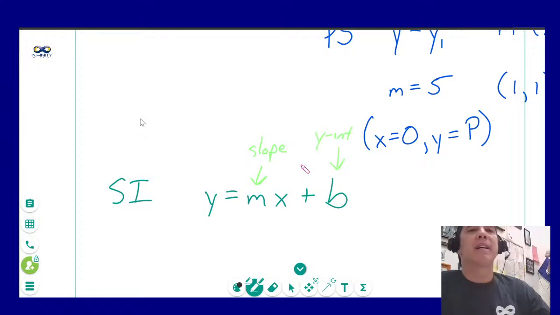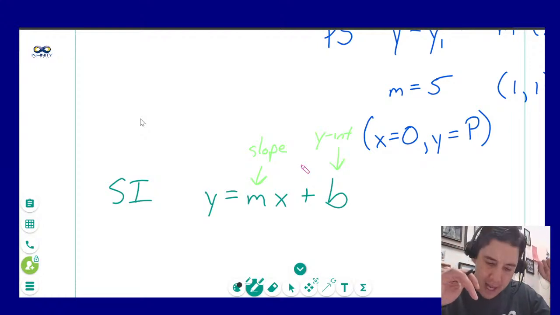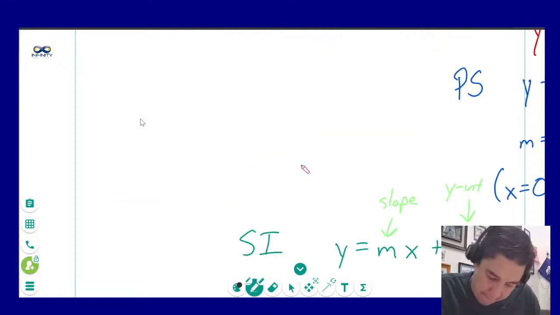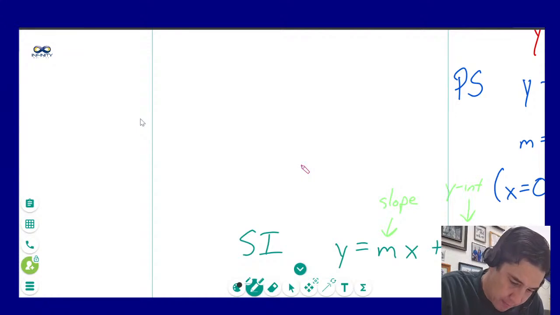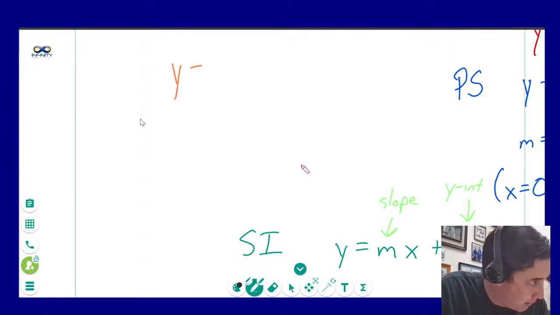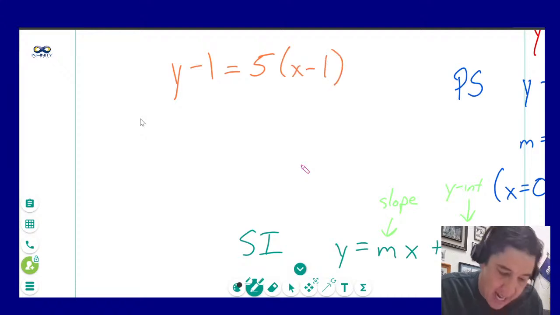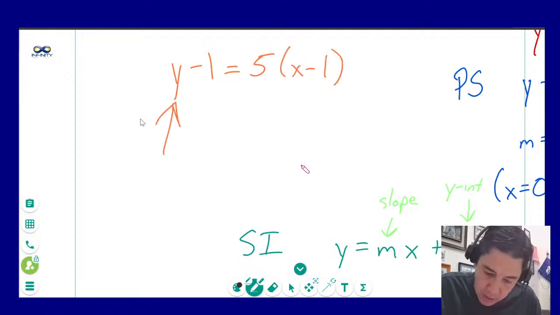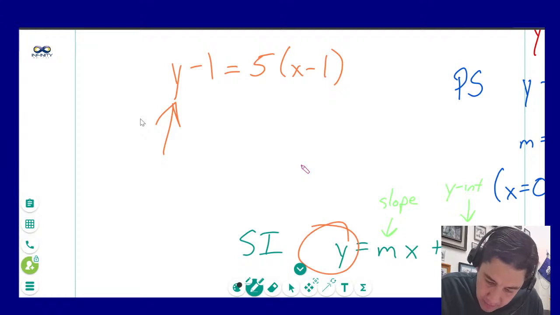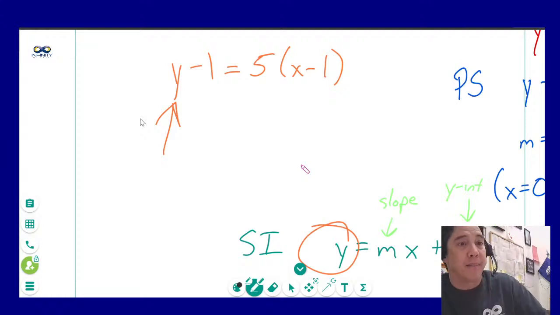So once I realize that they're looking for the y-intercept because x is equal to 0 in the ordered pair (0, p), I could take my original equation, which is y minus 1 equals 5x minus 1, and I could solve for y, which will give me the rest of the equation.